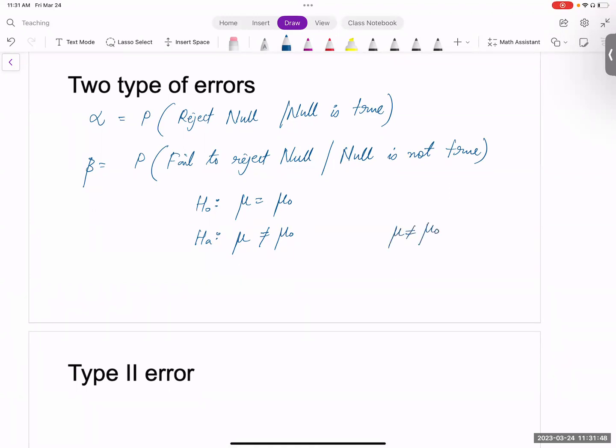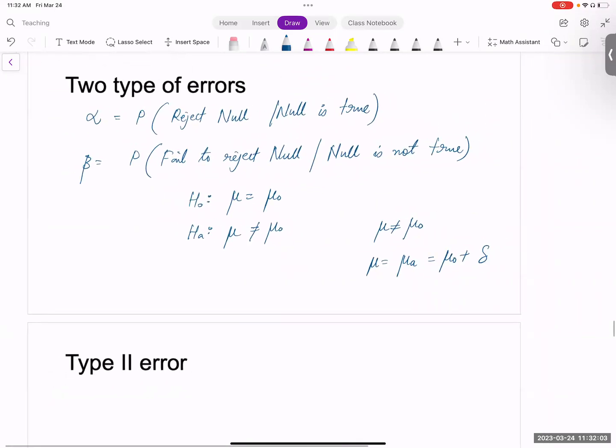And if mu is not equal to mu 0, can I say that mu is equal to mu A, which is equal to mu 0 plus some delta, some shift in the process mean, right? And so usually we call it the shift in mean.